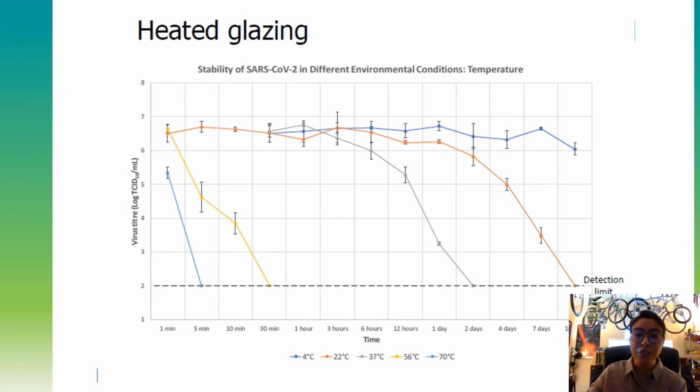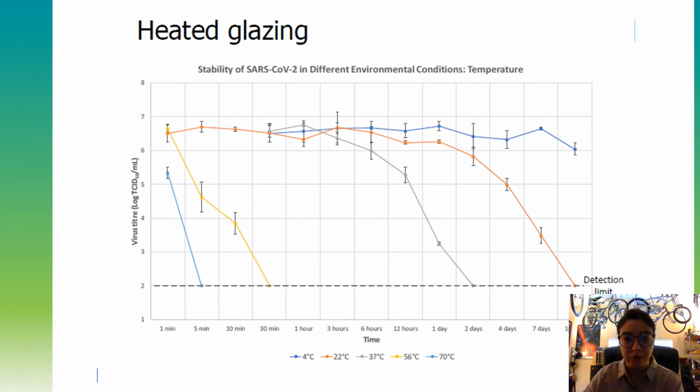So this is just an example of how effective it is. You'll see along here as you go through and you start increasing your glass temperature. This is your 4 degrees Celsius, this is your 70. You see that the stability of COVID-19, SARS-CoV-2, actually significantly decreases once you start hitting certain temperatures.